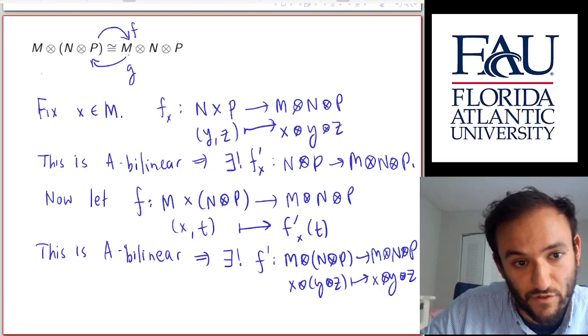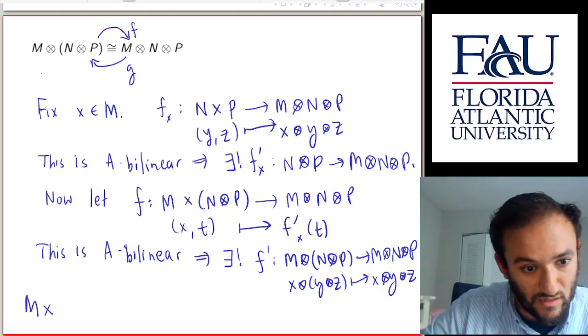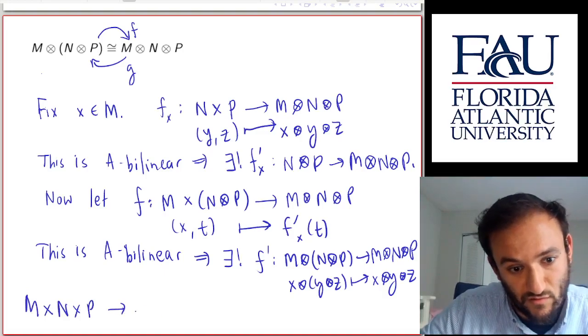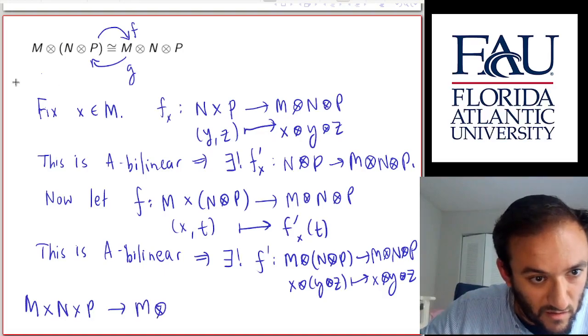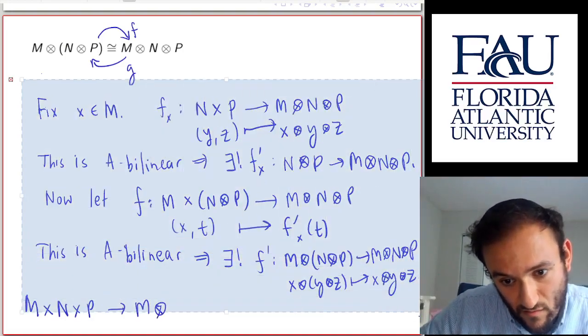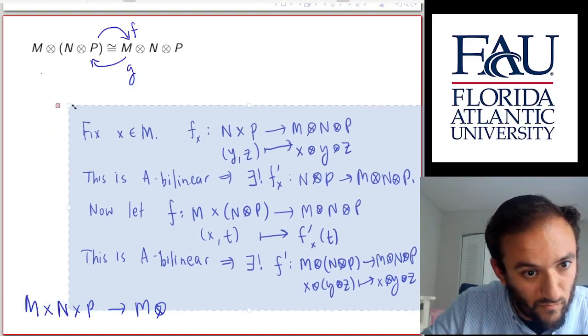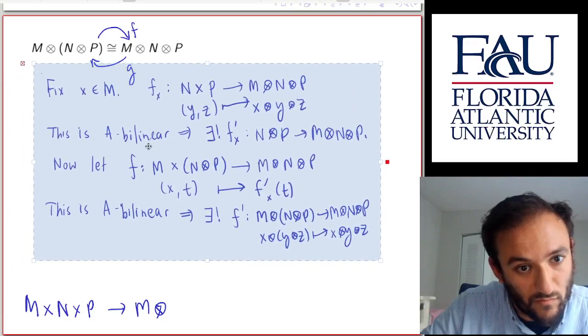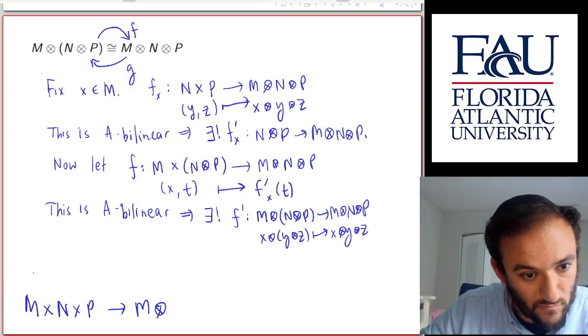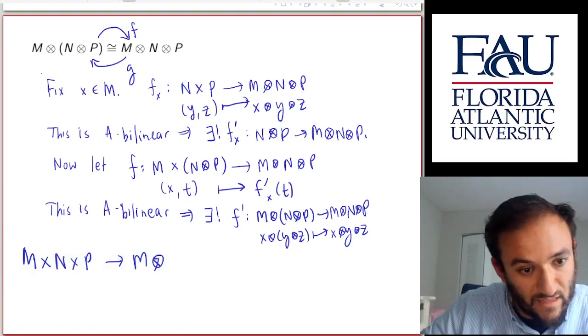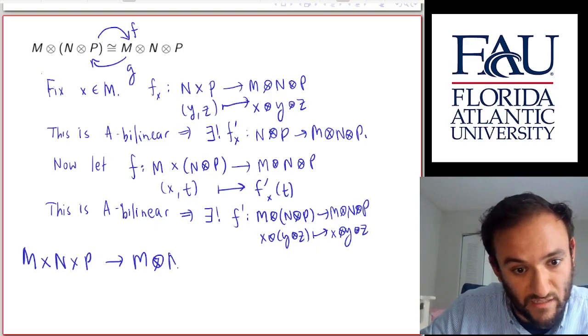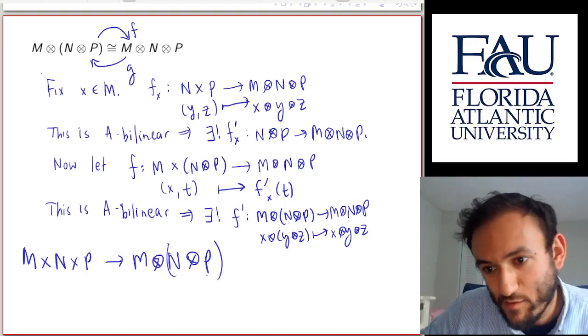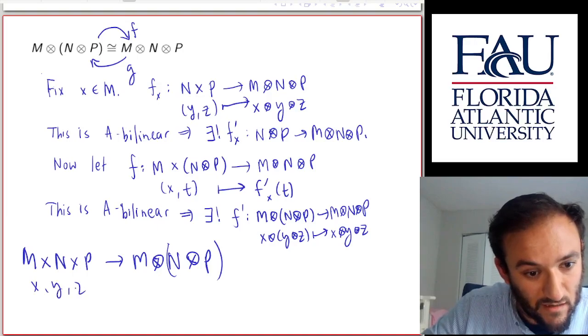Okay, and going in the other direction for g, it's a little easier. So you have M cross N cross P maps to M tensor N tensor P, which sends (x, y, z) to x tensor y tensor z.